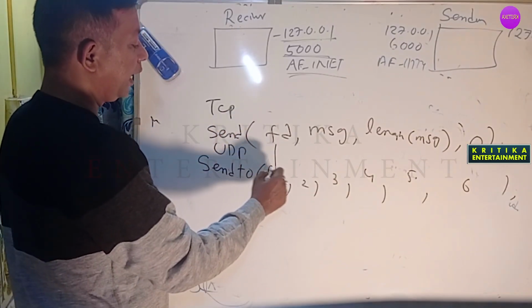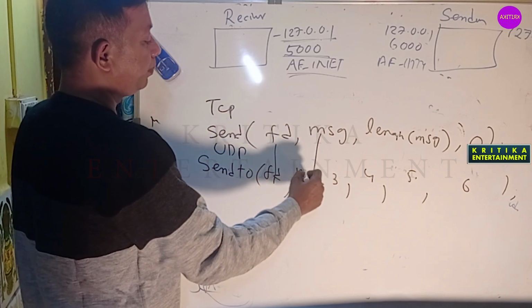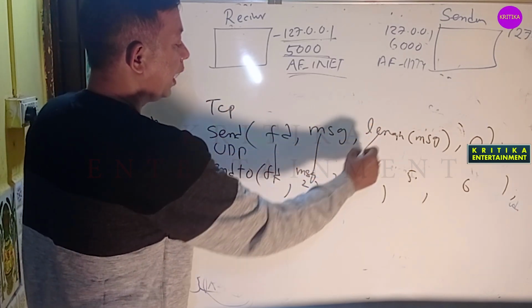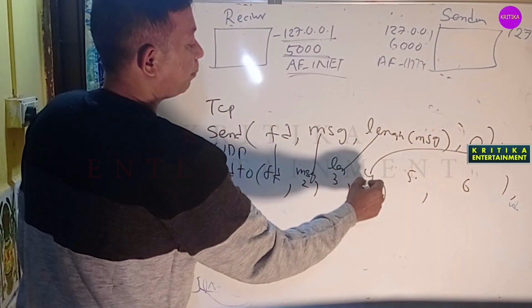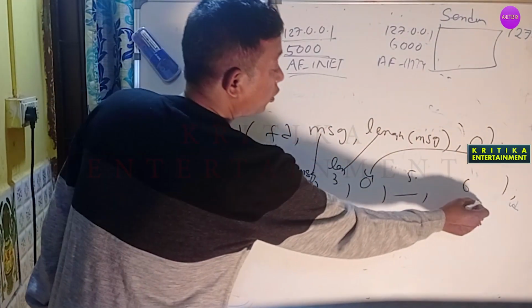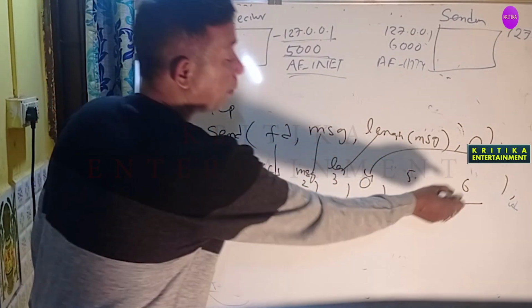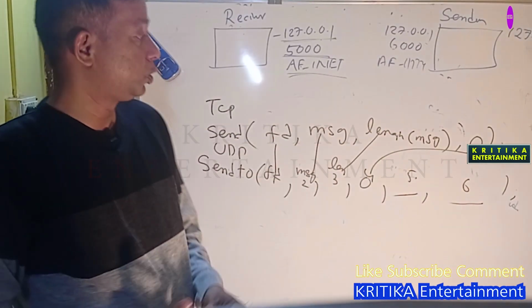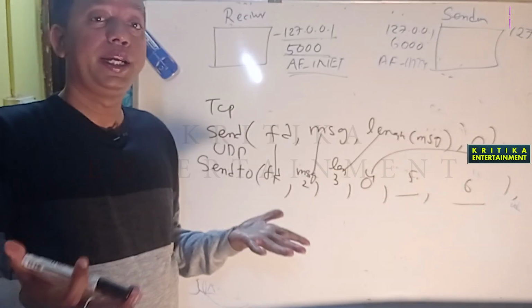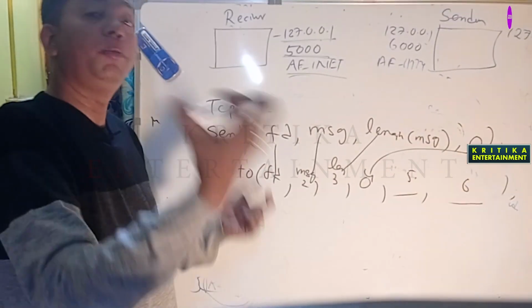FD is replaced here, message here, length here, and flag here. What are these two extra parameters? I have told you it is connectionless, so I have not defined any connection for where it will be sent.